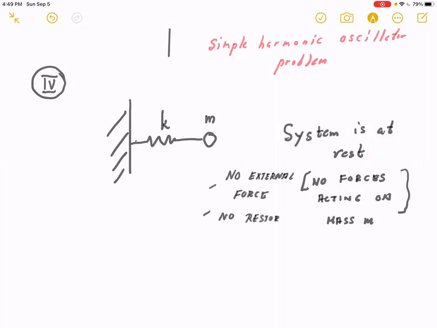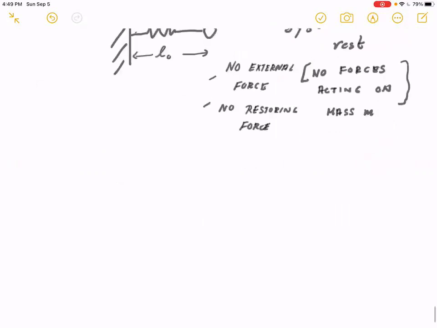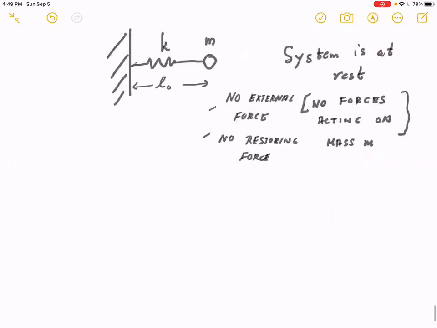There's no restoring force because there's no displacement of the spring. The spring is at its equilibrium position. So according to Hooke, there is no restoring force. Now, I'm going to make this system a little bit more interesting.